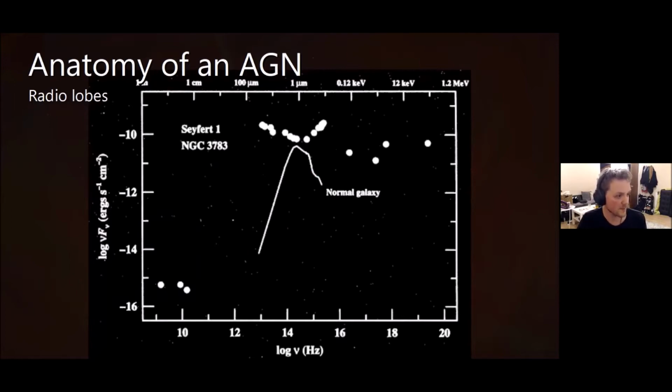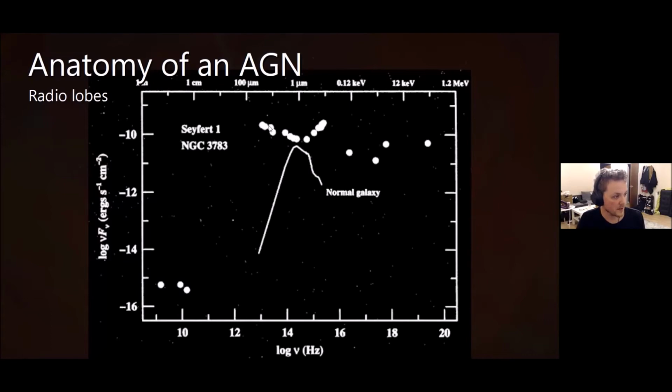This is a more complete spectrum of an AGN. This galaxy in particular doesn't have a lot of radio emission. On the x-axis is the frequency, or the wavelength on top. To some degree, once you go to X-ray, you start talking about energy, and then you have the flux on the y-axis.